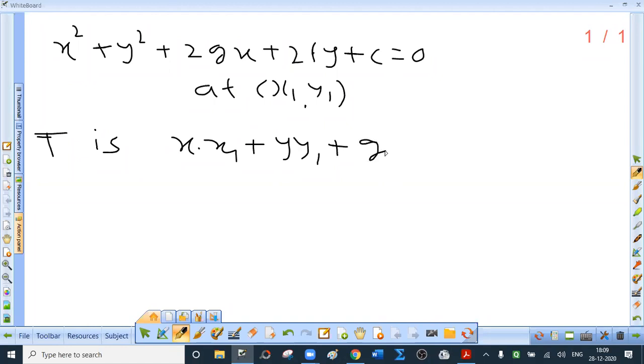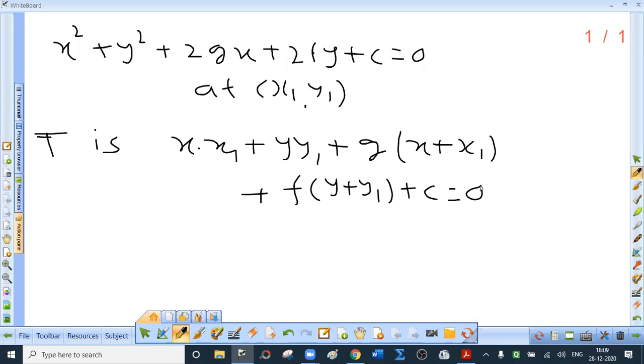This is g into, because we have decided that 2x is to be replaced by x plus x1. So g into 2x will change to g into (x plus x1), and 2fy is basically f into 2y, but we have decided that 2y will change to y plus y1, constant term as it is. Yes, this is the equation of tangent to this circle at (x1, y1) on it.